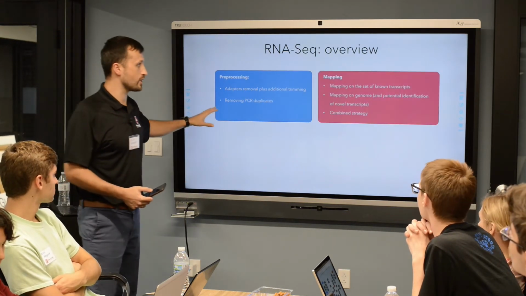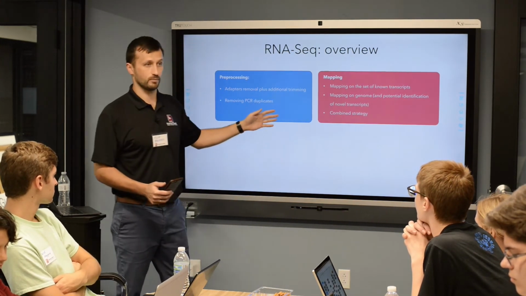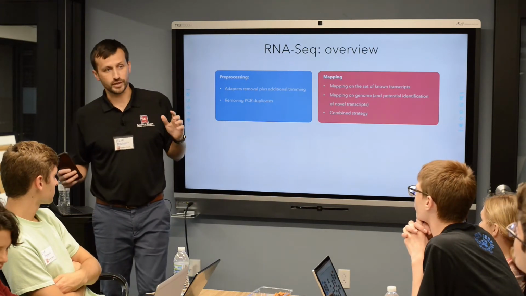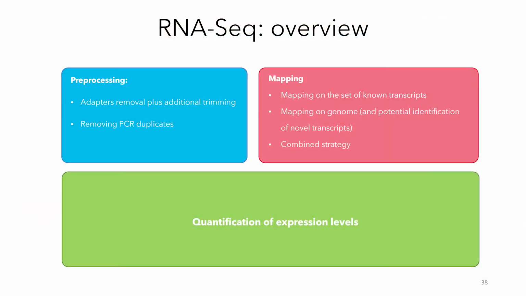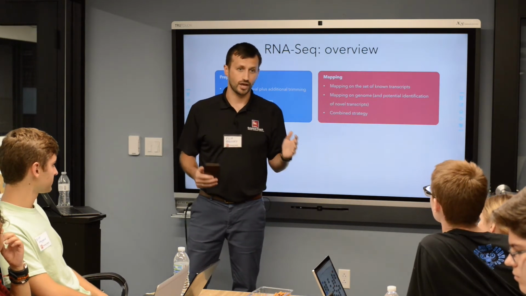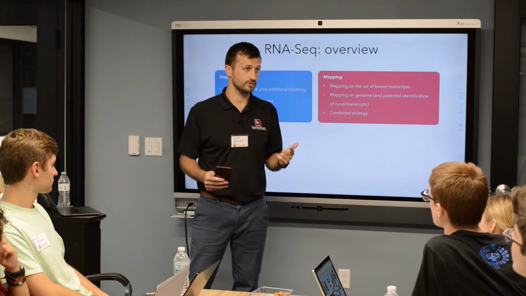So after we do that and we have these clean reads, we need to map them. But the question is, what do we map them to? We can map them on the full reference genome. We have a lot of genes and a lot of base pairs. To make it computationally more efficient, we can forget about all the introns and just take the expressed portion, which is under 1%.